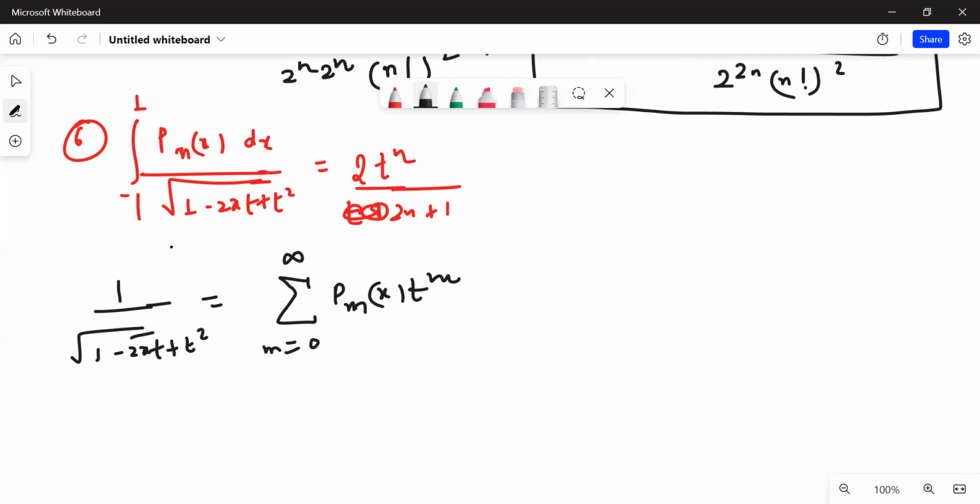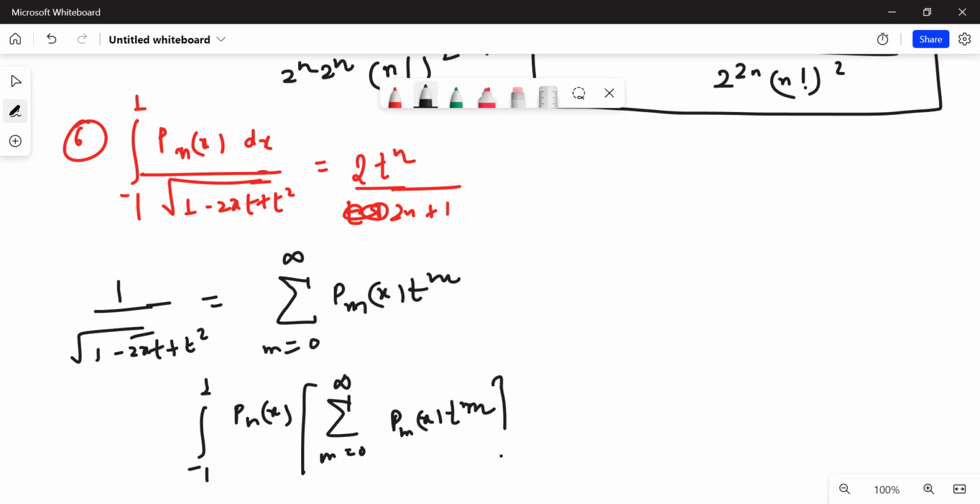Is that clear? So your left hand side, I can write from -1 to +1 Pn(x), and then this sum is going over m, m equal to 0 to infinity, Pm(x) t^m dx. Is that clear? Yes, sir.